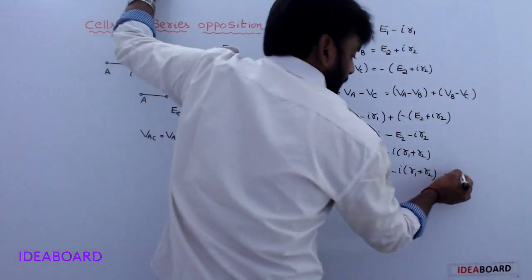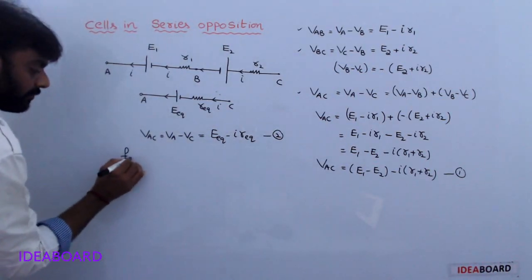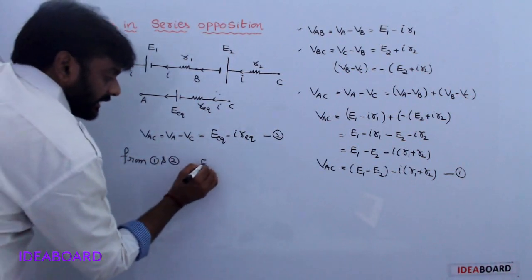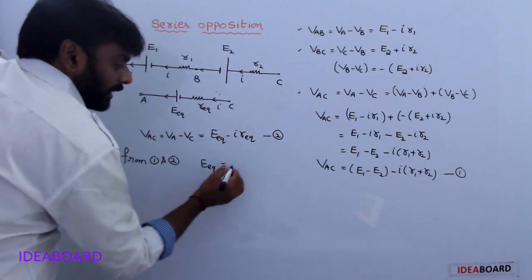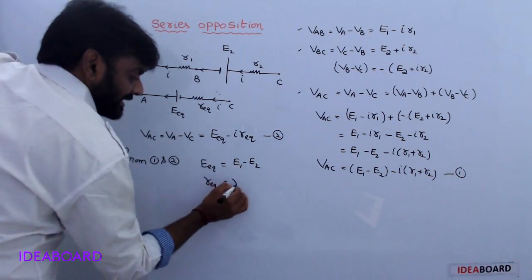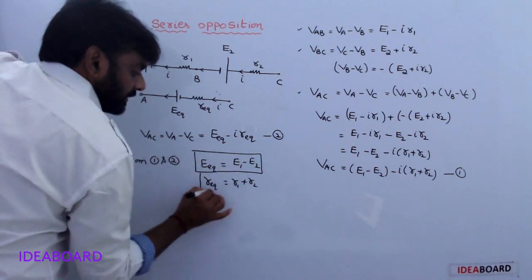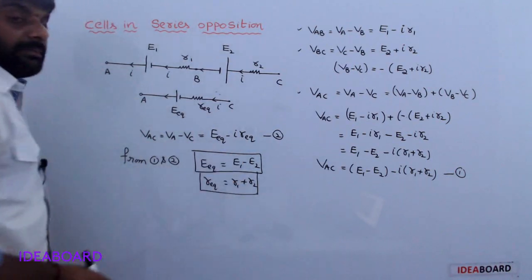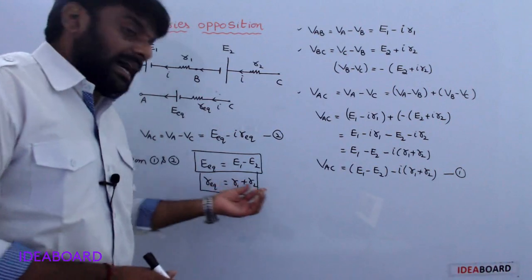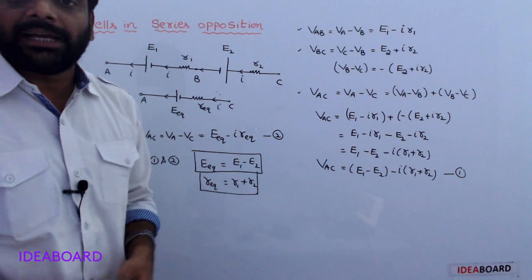This is equation number 1, and that is equation number 2. From 1 and 2, E equivalent is E1 minus E2, and R equivalent is R1 plus R2. In series opposition, the equivalent battery EMF is E1 minus E2, and the equivalent internal resistance is R1 plus R2. Understood? This is the E equivalent, and this one is R equivalent.